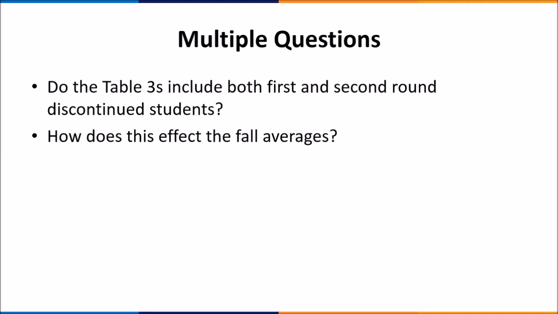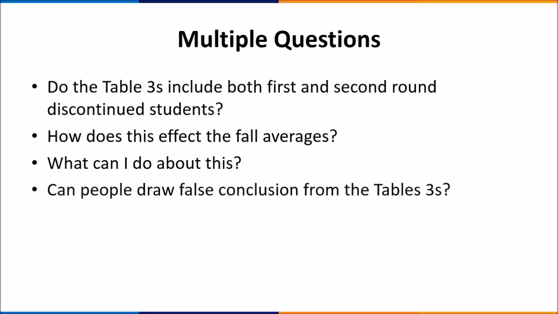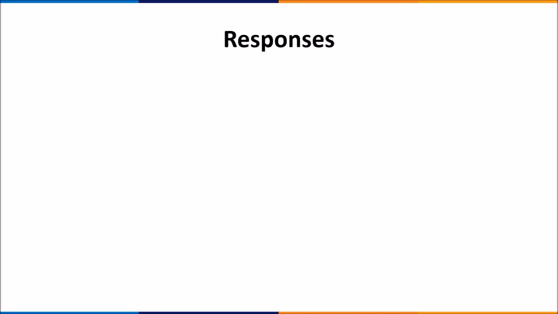So I was going to look at how this affects the fall averages, depending on the answer to the very first question. Then I want to talk about, what can I do about this? Do we have options depending on how our first set of questions are answered? And though I don't think the teacher leader was specifically asking for us to address this, I wanted to address, can people draw false conclusions from the Table 3s? So let me get right into it.